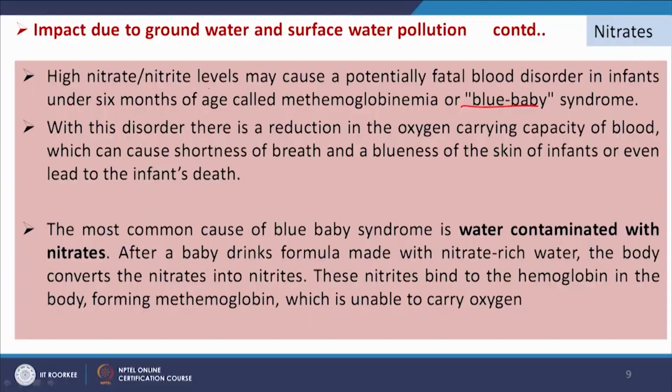High nitrate and nitrite levels may cause a potentially fatal blood disorder in infants under 6 months of age called methemoglobinemia, and this is blue baby syndrome. With this disorder there is a reduction in the oxygen carrying capacity of blood, which can cause shortness of breath and blueness of the skin of infants, or even lead to the infant's death. So, this is one serious consequence.